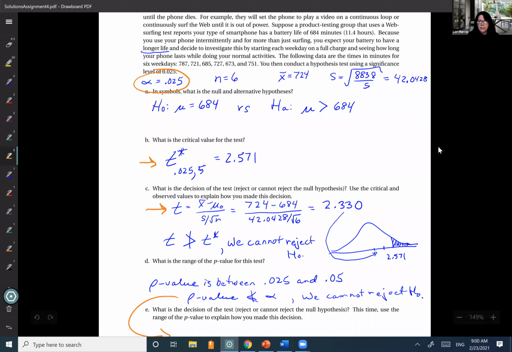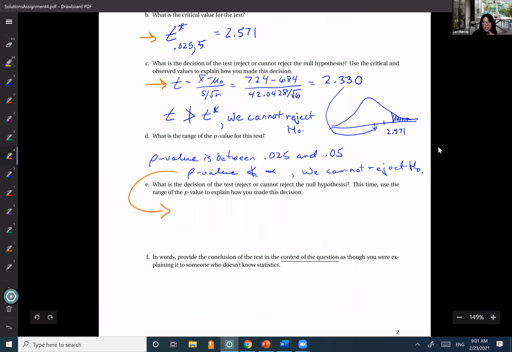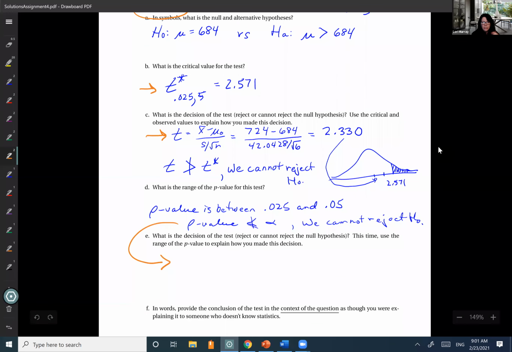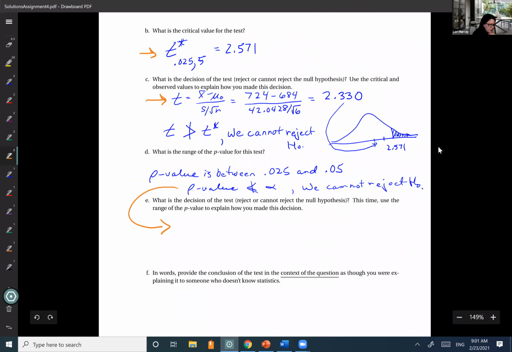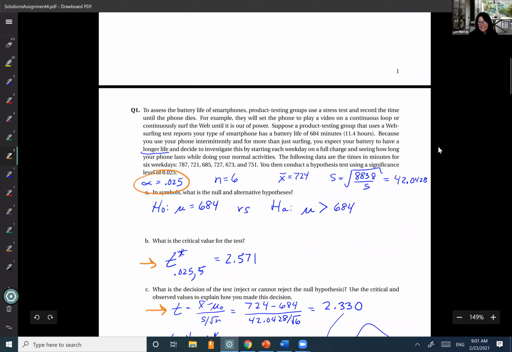You would just say that that is what we would accept. There's enough evidence to suggest that that is acceptable. So you would want to use words in terms of the smartphone for that answer. Not in terms of the p-value or anything, just completely in terms of the smartphone.